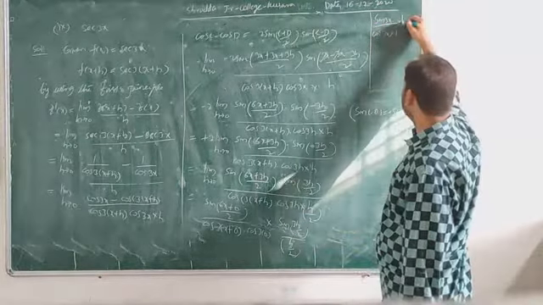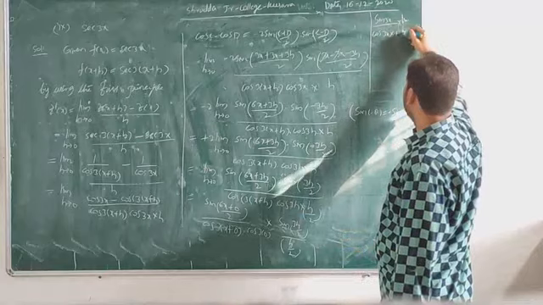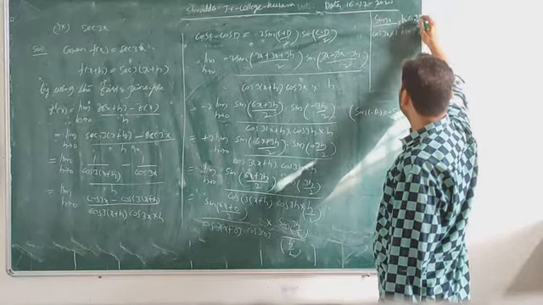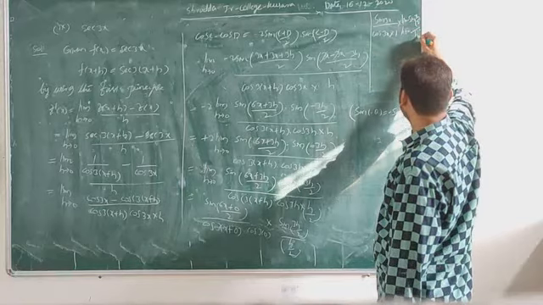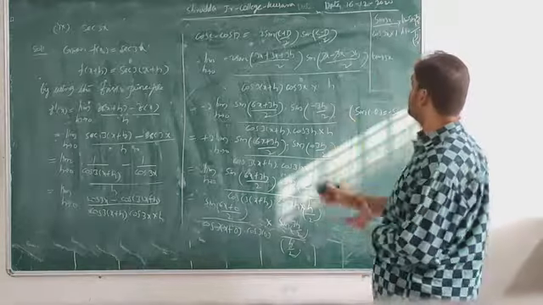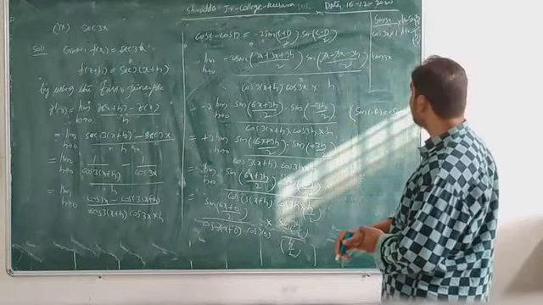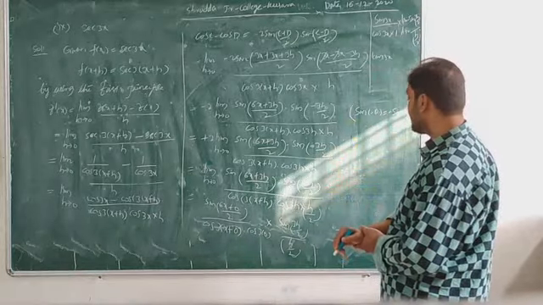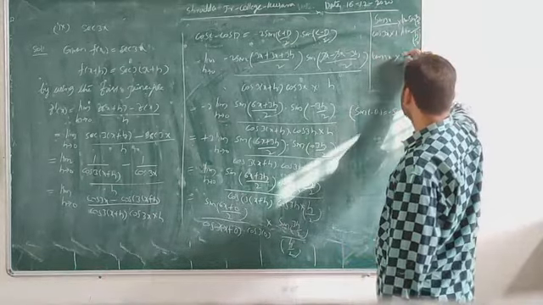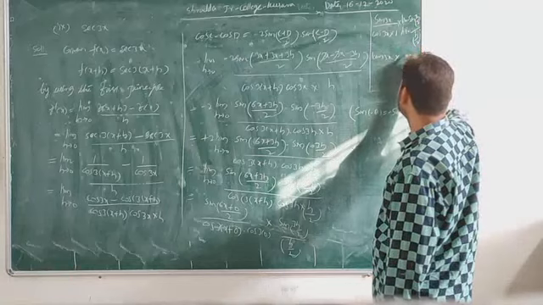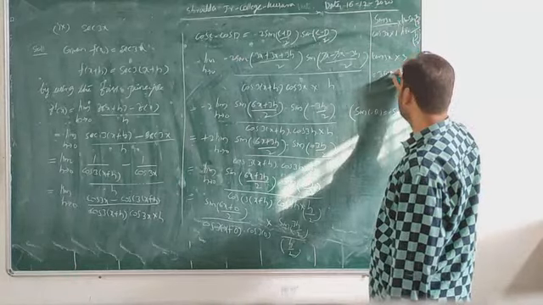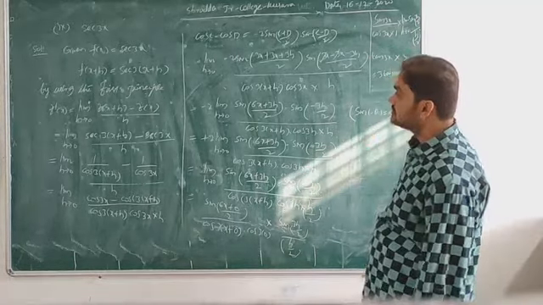Now see here, limit h tends to 0 of sin 3h by 2 by h by 2, this is 3. So sin 3x by cos 3x is tan 3x, and the answer is 3 into tan 3x.